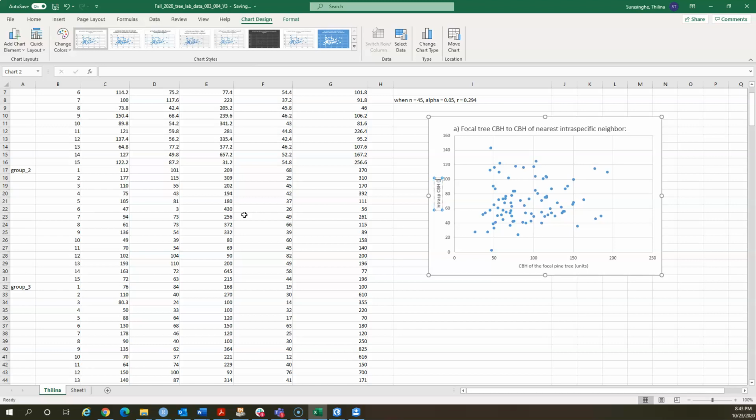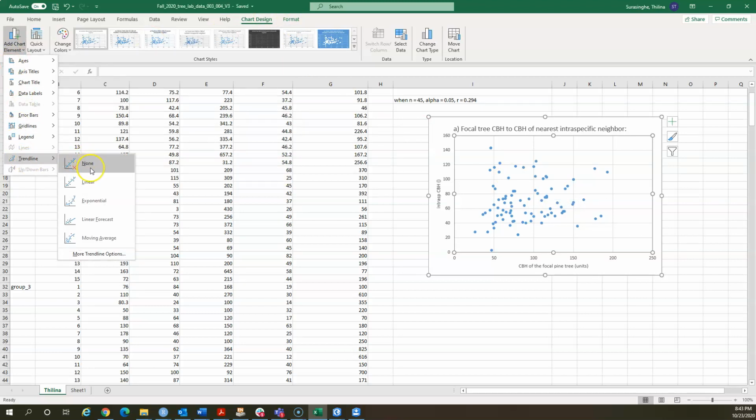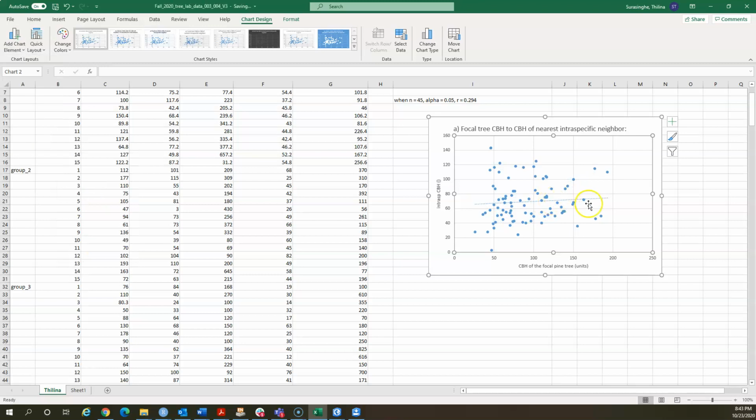Again, put units. And that's it. Still, we have to put a trend line, a line of best fit. So again, what we do is select the chart, chart design, add chart elements, trend line. There are several options, and there are different purposes or different ways we fit it. But for simplicity, I'm going to add a simple linear trend line. Okay, and you can see this. Let me actually enlarge this graph.